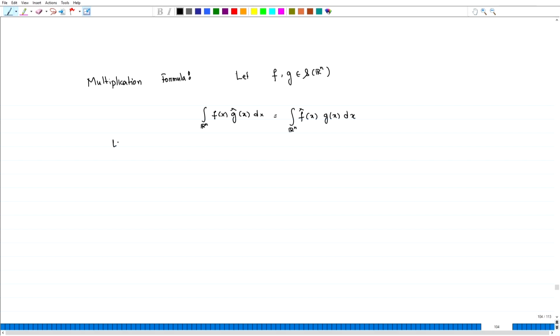Because if I write down the left hand side, this is going to be the integral over R^n, of f(x) times the integral over R^n of g(y) e to the minus 2 pi i y dot x dy, dx, and then if we change the order of the integration, what we get is the integral over R^n of g(y) times the integral of f(x) e to the power minus 2 pi i y dot x dx, dy.